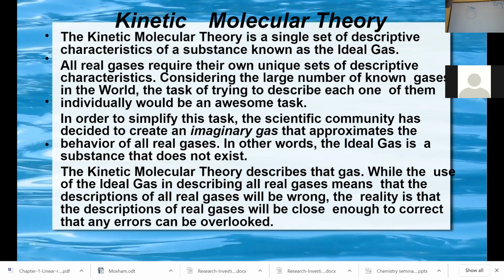So calculations with this gas law are always wrong, but they're as close as we're ever going to get, because we have to make approximations. Sometimes we never get a perfect answer that we want or need in science and chemistry, fortunately. So that salt gas is our ideal gas that doesn't actually exist.